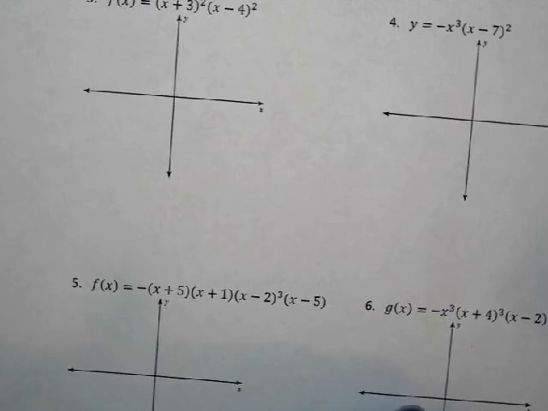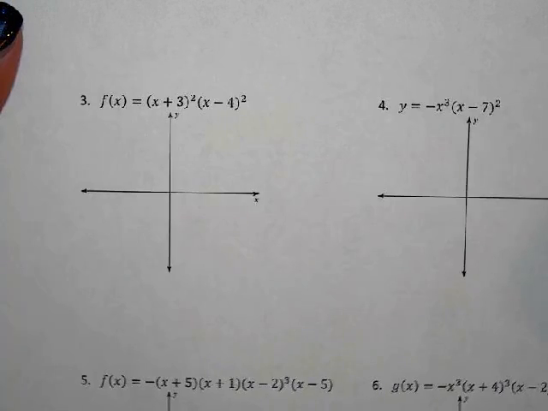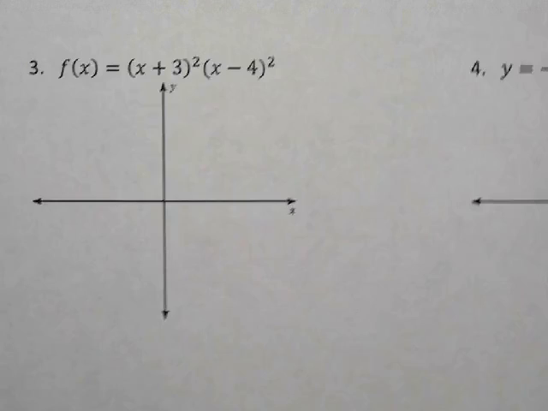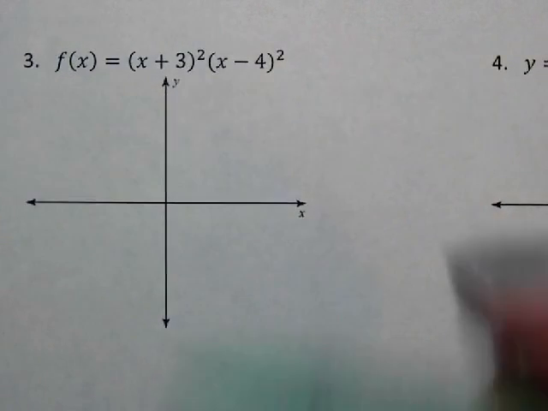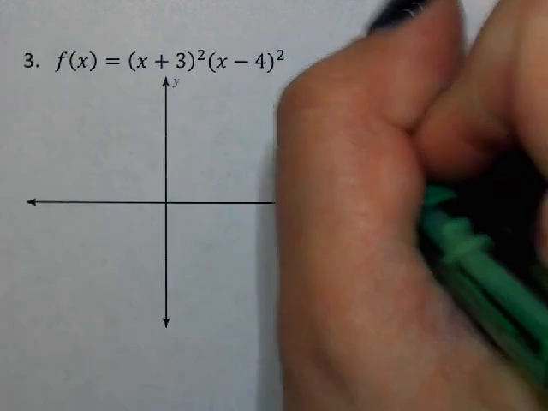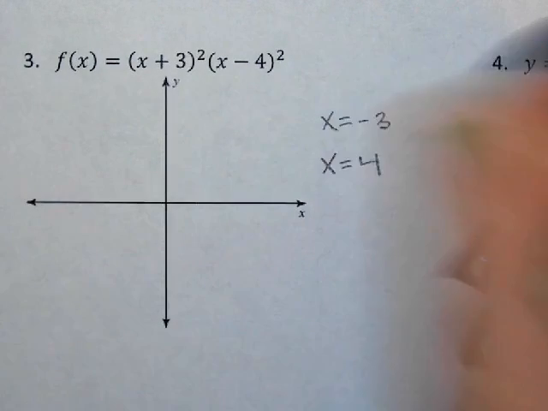Okay. All right, number 3. What are the x-intercepts that we can see for number 3? -3 and 4, okay. X equals -3, x equals 4. Can we tell what the degree is?